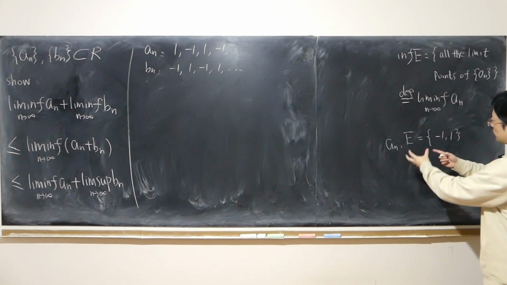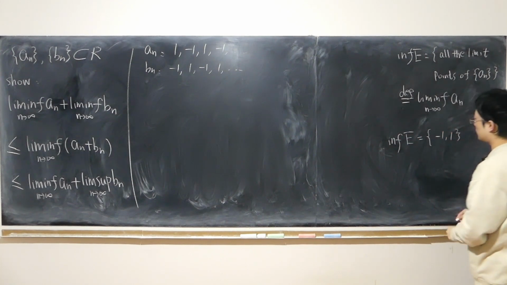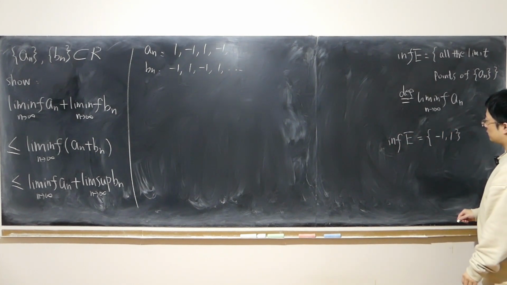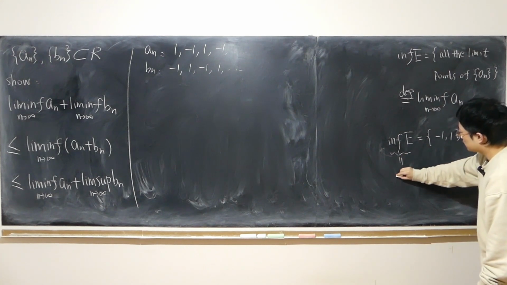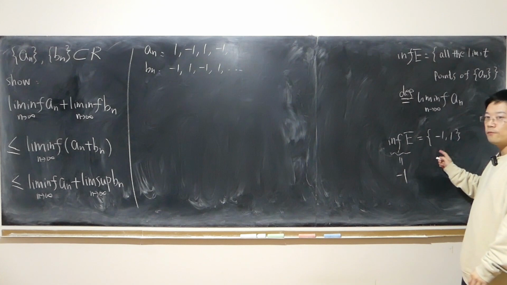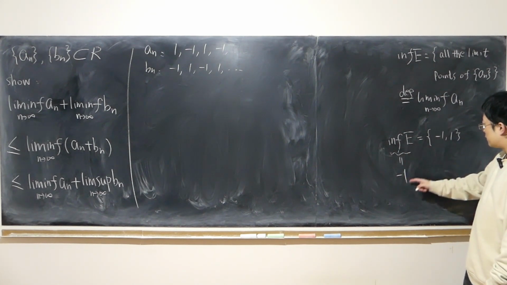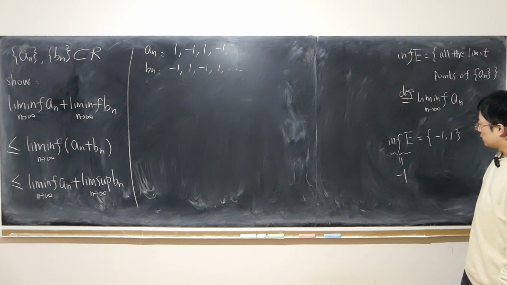So what's the infimum of E? What is that? -1, of course. In this case, we're lucky because we only have finitely many elements in this set. So therefore, the infimum of this set lives in this set.